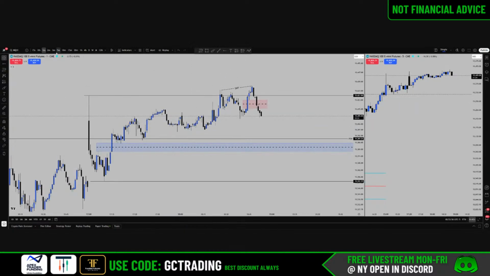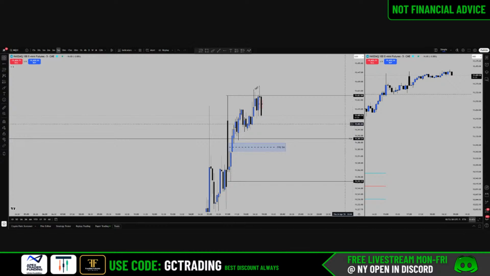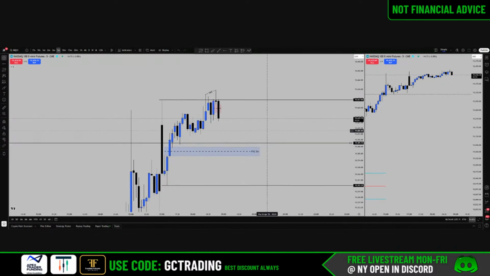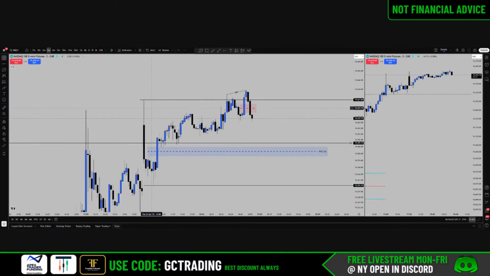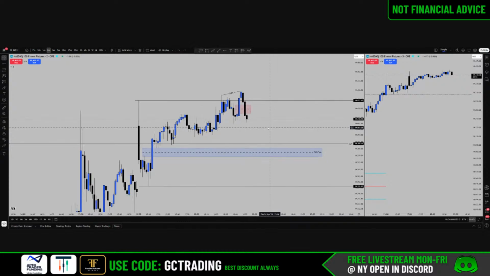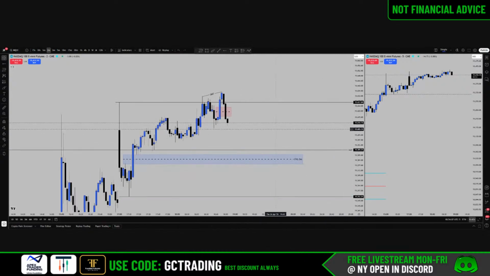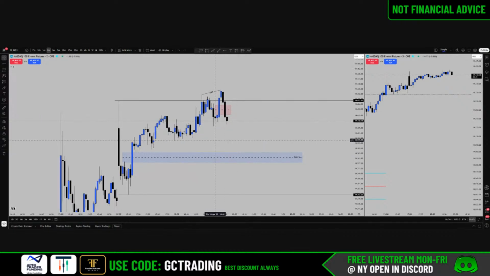Check the 5. This thing closes in 1 minute, and the 2-minute closes down there. I'm going to go ahead and delete this level. I think we could target the top of this fair value gap. I think that would be nice.